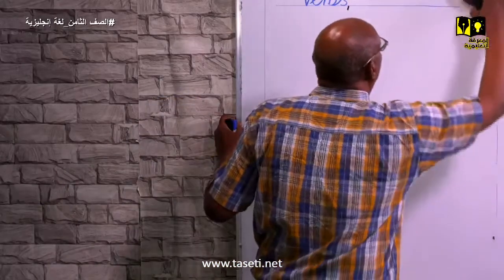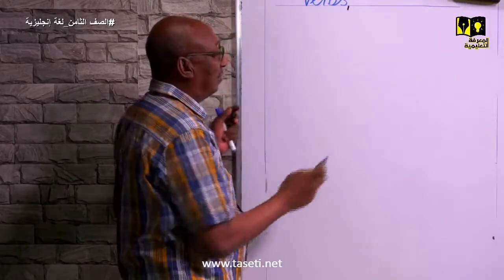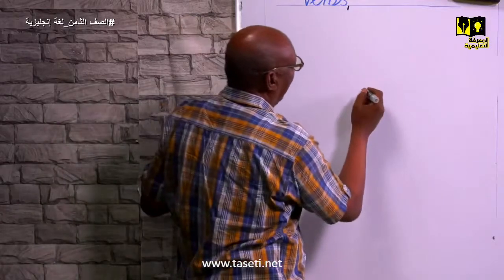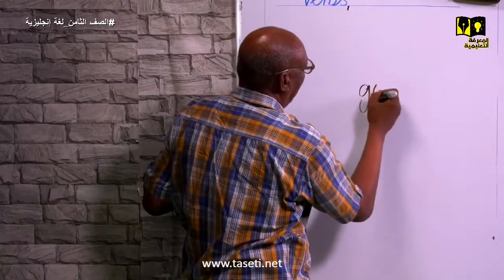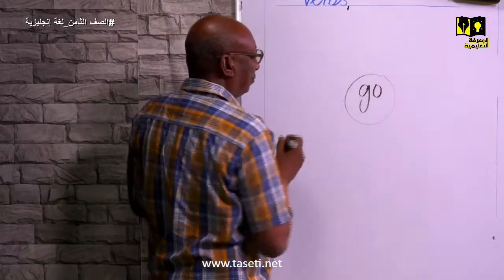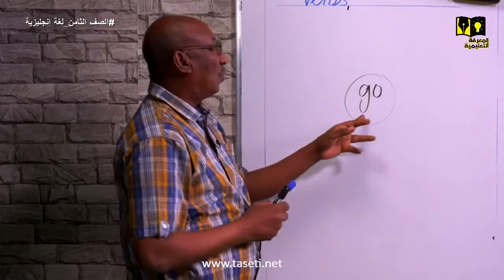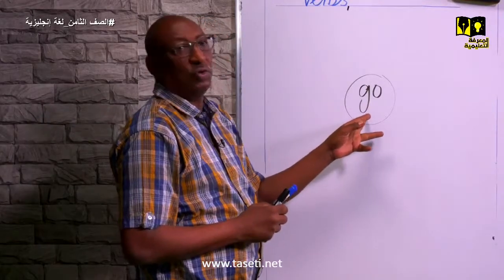Okay, have a look here. For example, look at this verb. The verb go, right? Which we call the infinitive without to, right? Go.